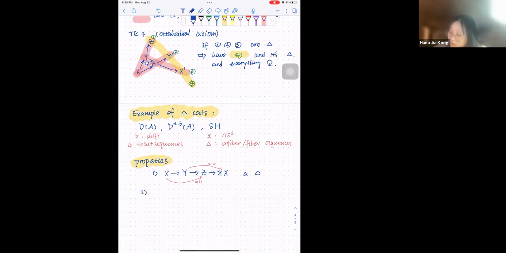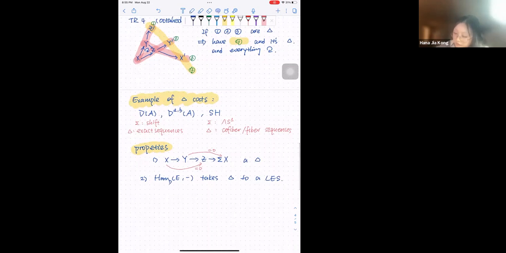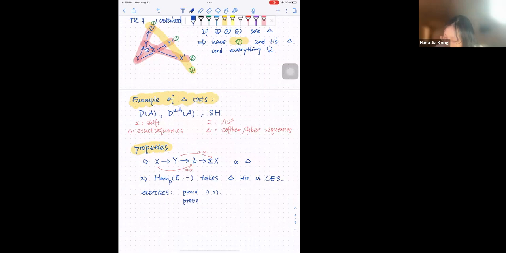And also if I take the Hom functor, then this takes a triangle to a long exact sequence. So these are some fun exercises. You can try to use the axioms to prove these properties.